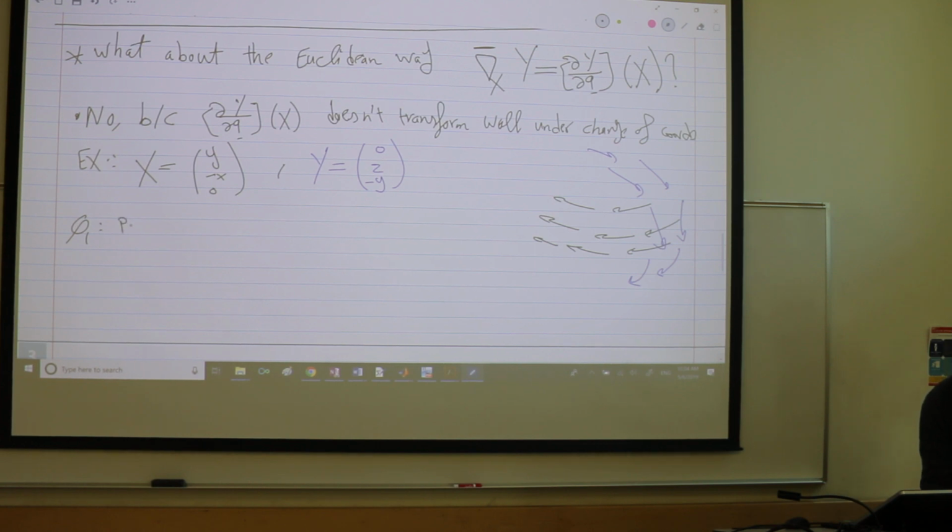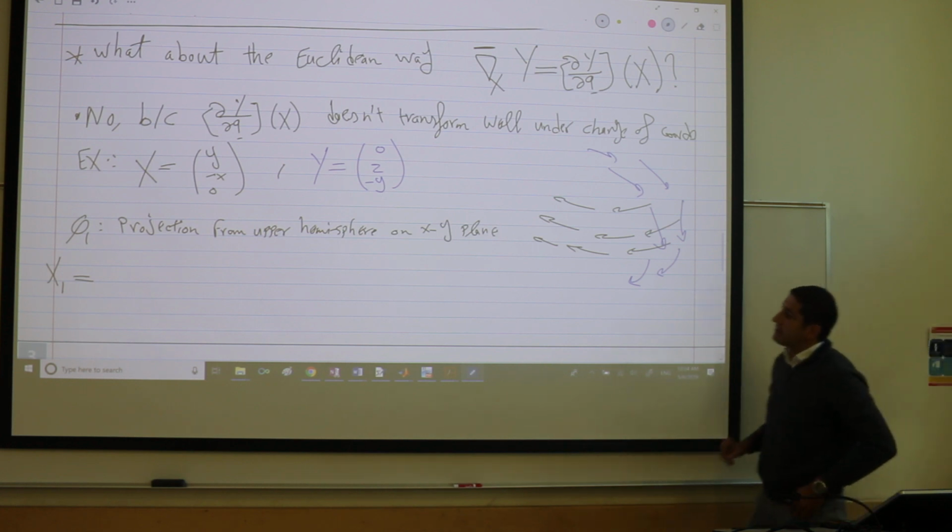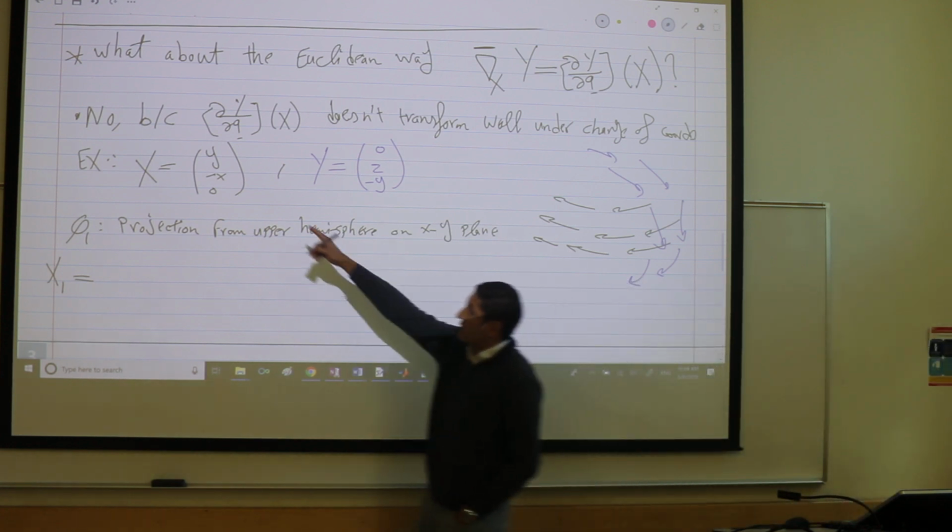So phi 1 is the projection from the upper hemisphere on the xy plane. So now my x in coordinates, I'm going to call x1. How do you determine x1 in coordinates? Anybody can tell me? So this is x in 3 dimensions.